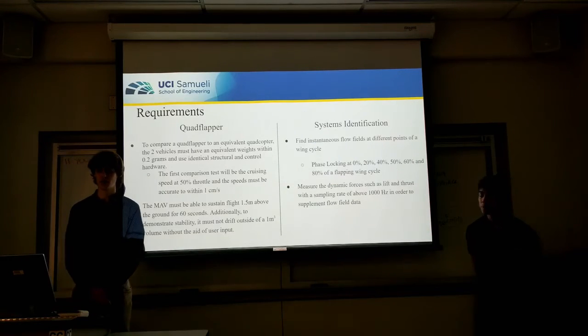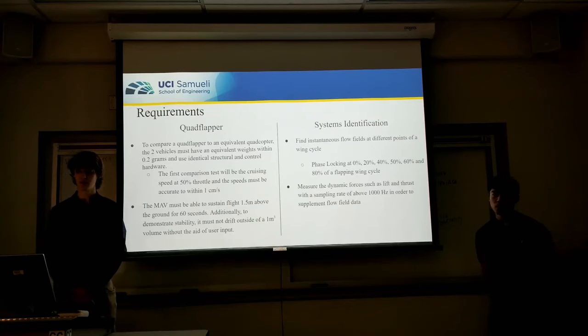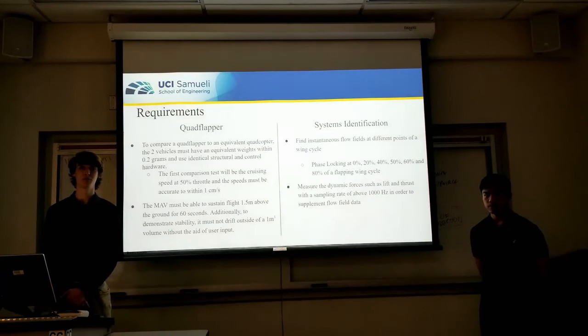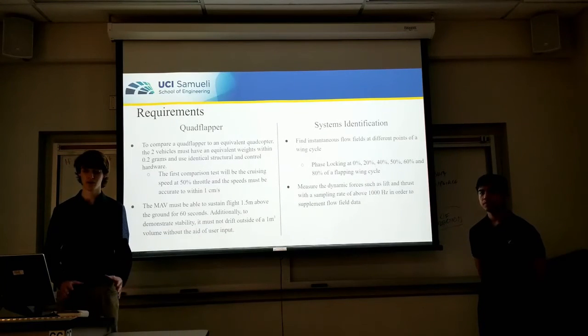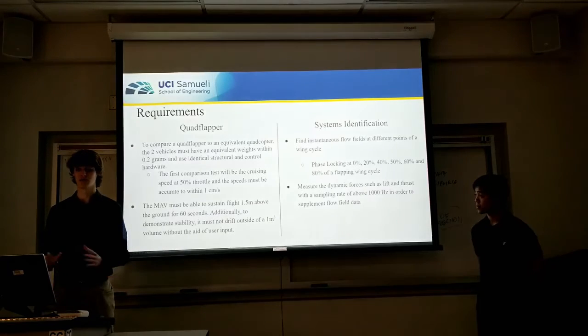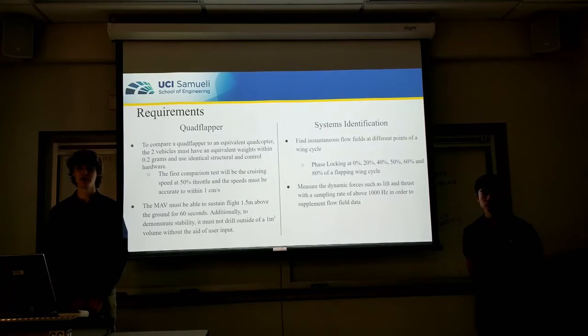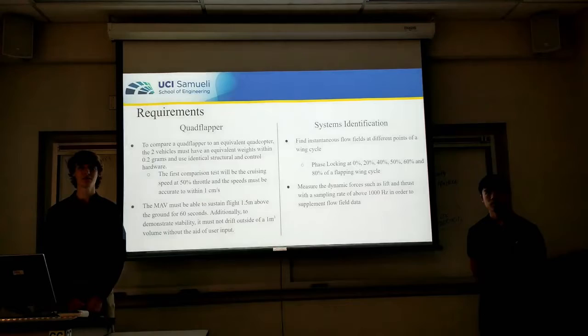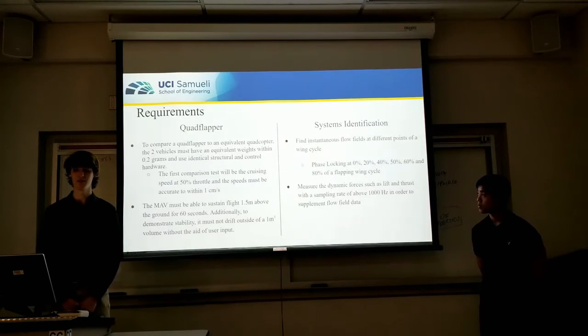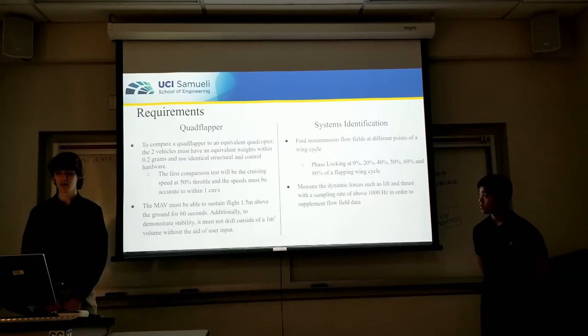A few of the design requirements for the quad flapper: in order to compare the quad flapper vehicle that we have now to an equivalent quadcopter, they would need to have equivalent weights, which we've determined to be within 0.2 grams.